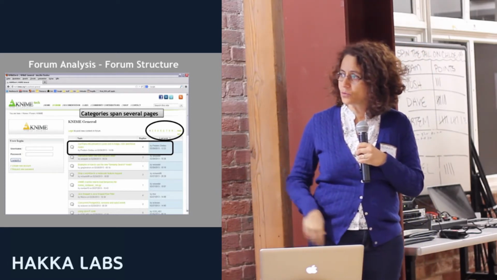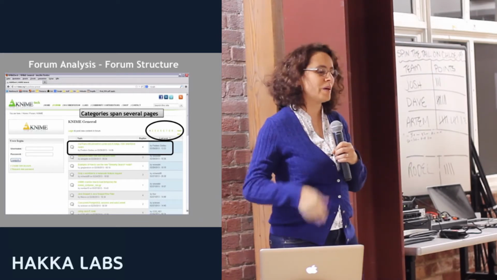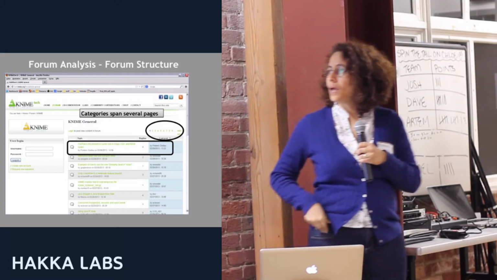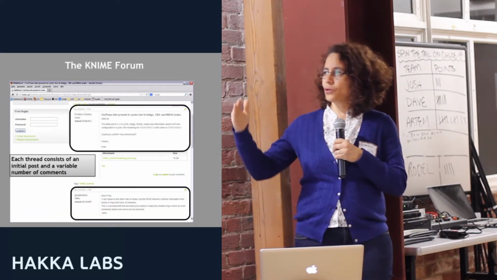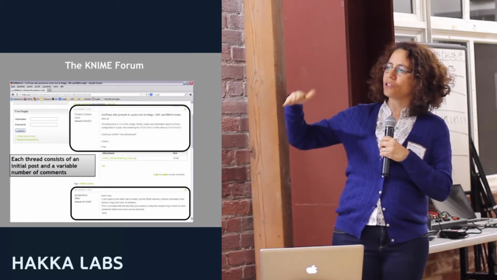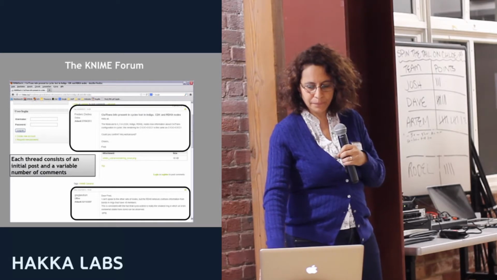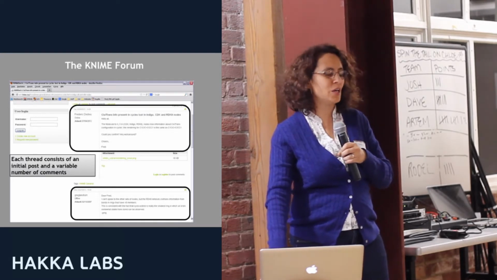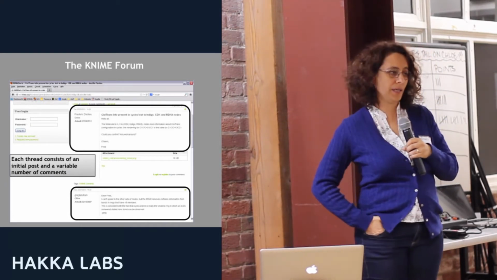The biggest one is the KNIME General. This one used to span 32 pages. Probably now it's more, it's one year later. Each thread, as in a normal forum, consists of an initial post and a number of comments for each post. This is an example of one of the threads, again about chemistry, on the KNIME forum.